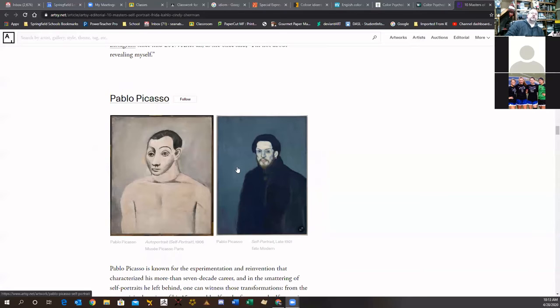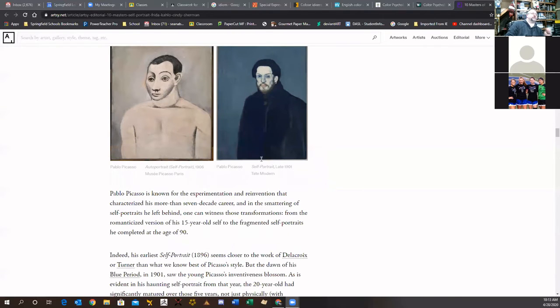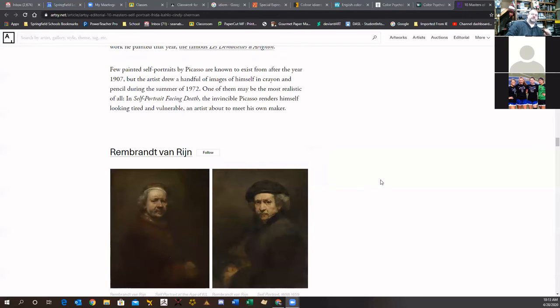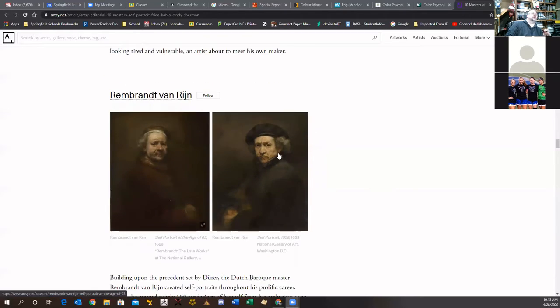Pablo Picasso, this is different stages of Picasso's career. So 1901 and 1906, they're within 5 years, but it's not his Cubism, which we're probably most familiar with. This is a little bit more stylized. And if you look at the things that Picasso was making when he was your age in high school, you're definitely going to see some different looks than his Cubism.